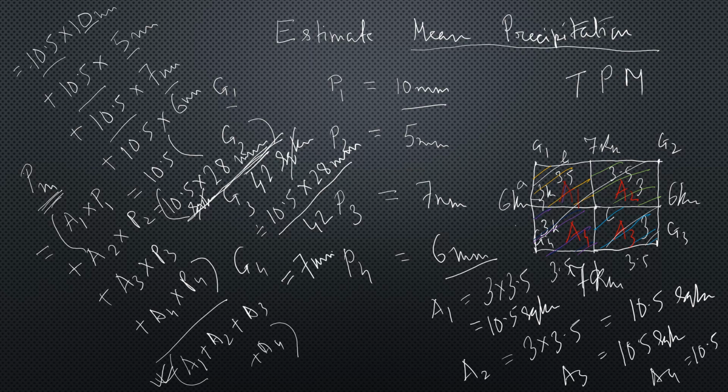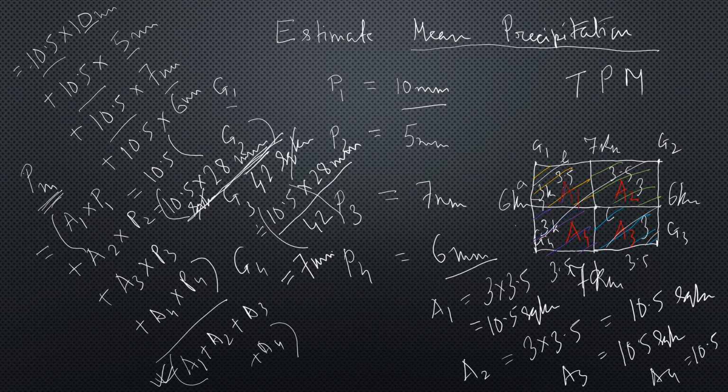I hope you have understood. 10.5 divided by 42, as both are of the same unit, and we have also deducted out the units. So these two are divided first. 10.5 divided by 42 will be 0.25, because as you know, each of these areas is 1/4 of the total area of this rectangular watershed.